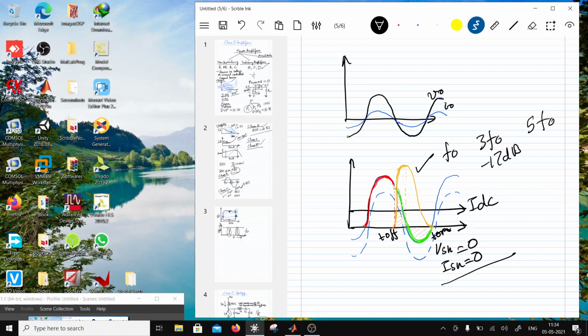Let me see. We will see this. I can't remember this off the top of my head. Sorry, the second harmonic is 17 dB down. The third harmonic is way further down, right?